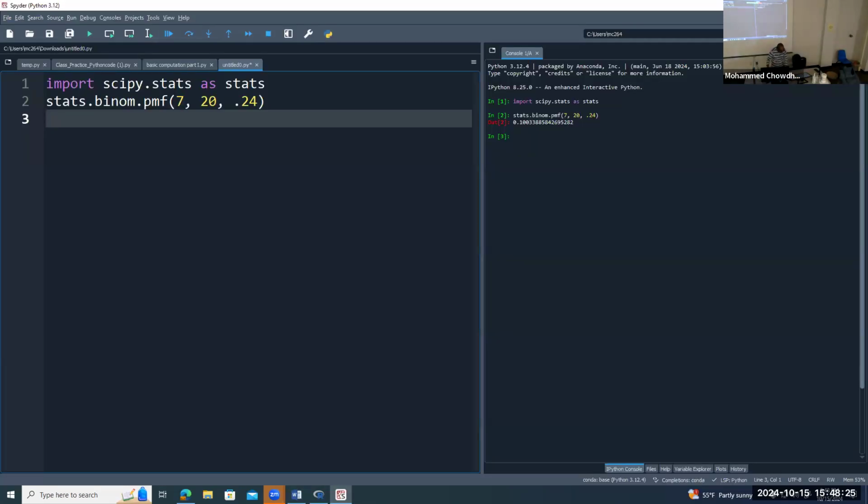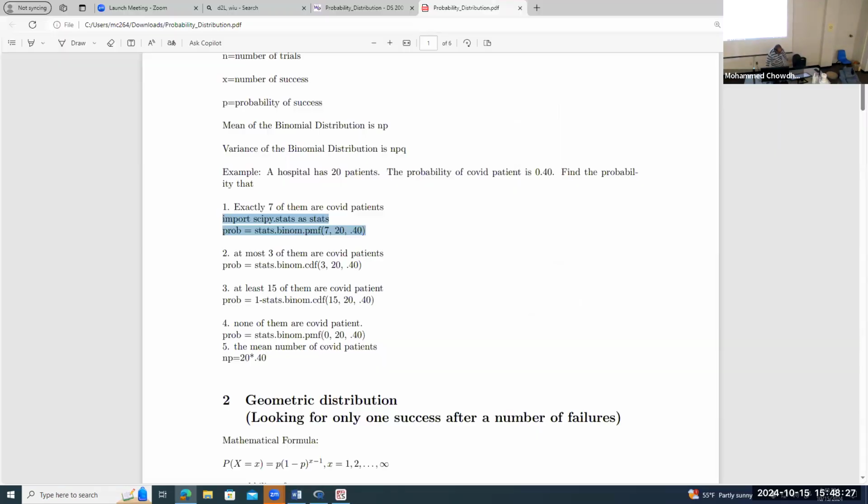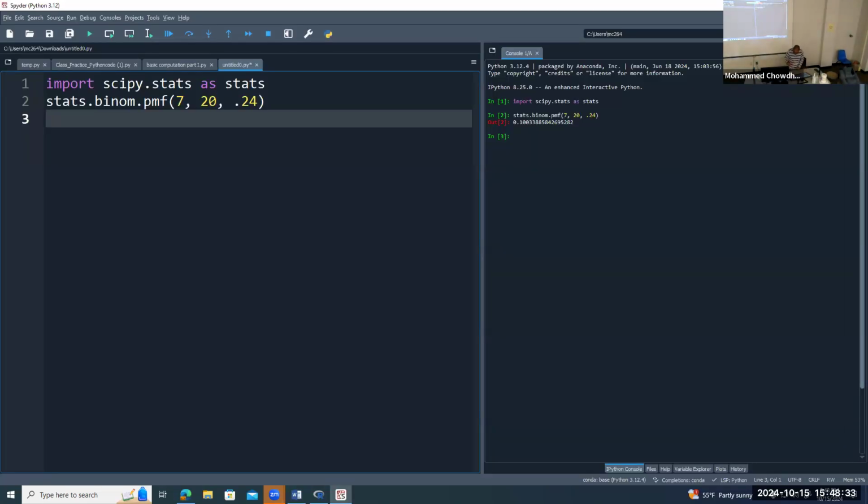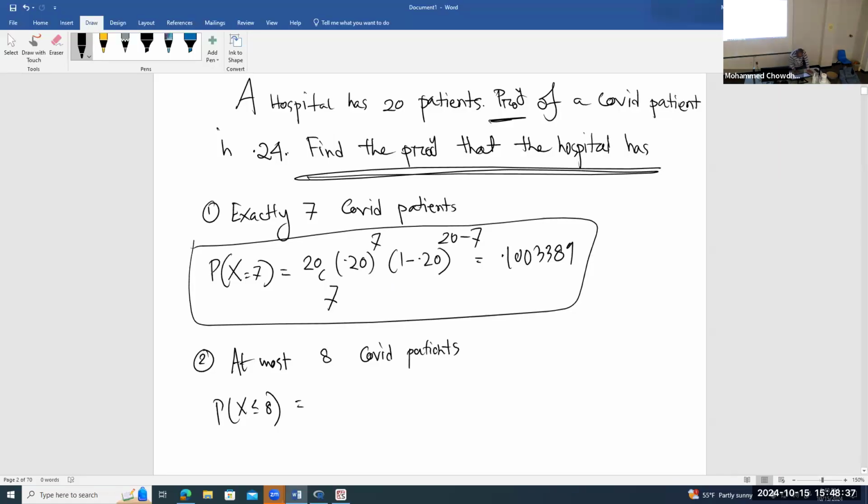Let me copy it from there. At most: stats.binom.cdf. You can write here stats.binom.cdf, 8 out of 20 with probability 0.24.